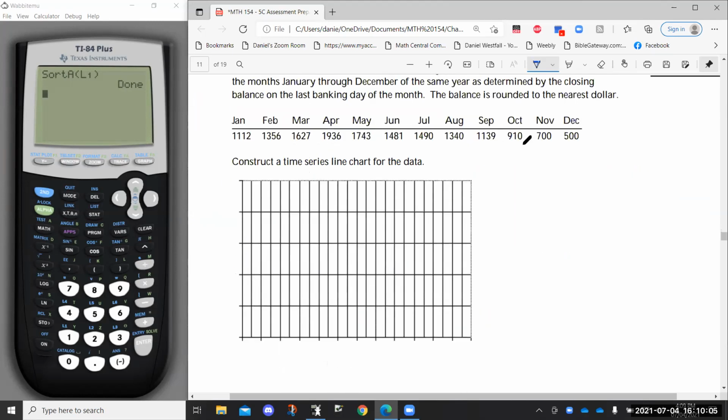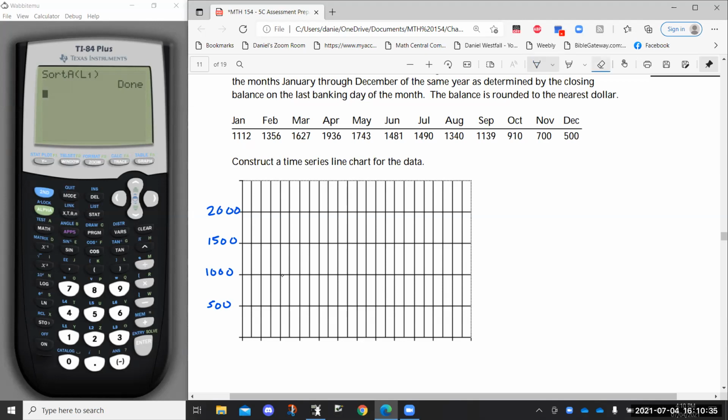Do the same thing again here, only you're going to have to think much bigger for your tick marks. You're probably going to need to go by units that are several hundred here, maybe as much as 500. This is 500, 1,000, 1,500, 2,000, something like that, or maybe not quite that much.